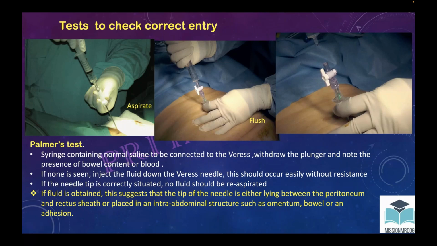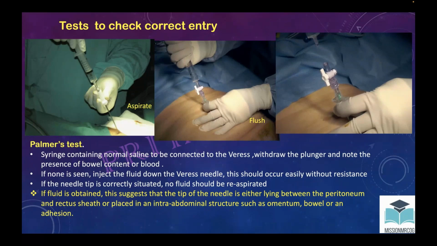First, you attach the 10 ml syringe with normal saline and try to aspirate. If it is intra-abdominal, nothing will come out. Then you flush it with normal saline and aspirate again. If it is in the abdominal cavity, nothing will come out, because with the negative pressure of the abdominal cavity, whatever fluid is there will already be sucked in.